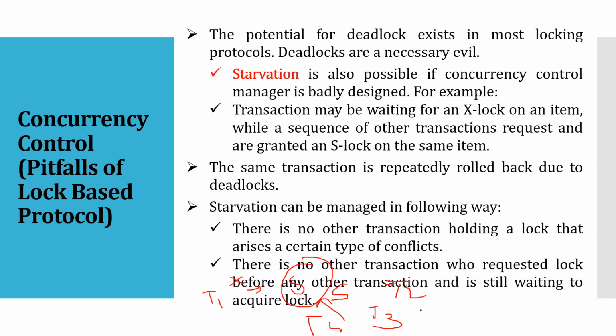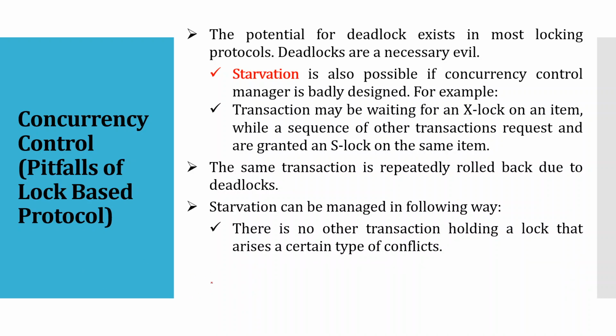And the other one is, there should not be any other transaction that requested a lock before while another transaction is still waiting to acquire a lock. Let me take an example for this definition. T1 wants an X lock on data item A, right?